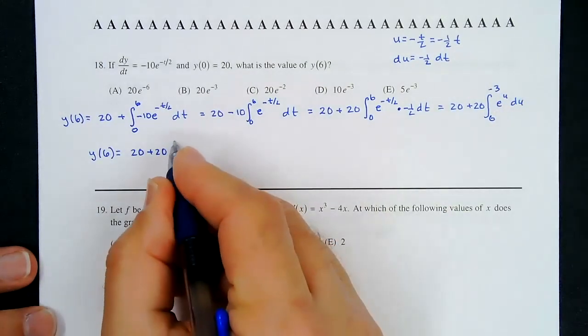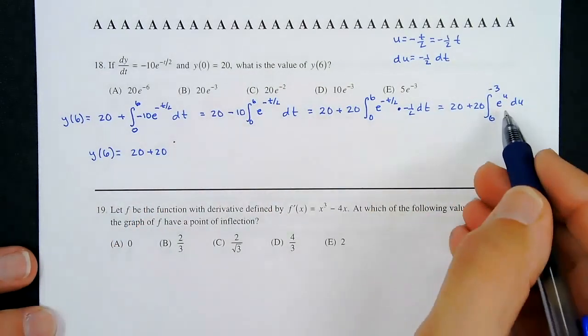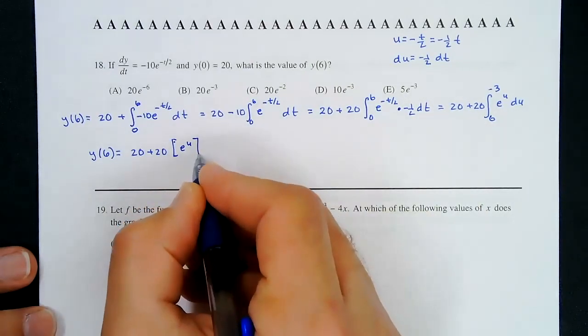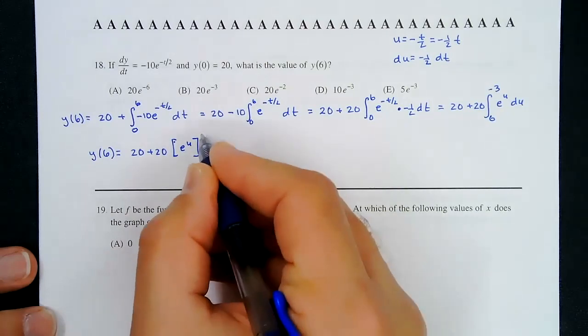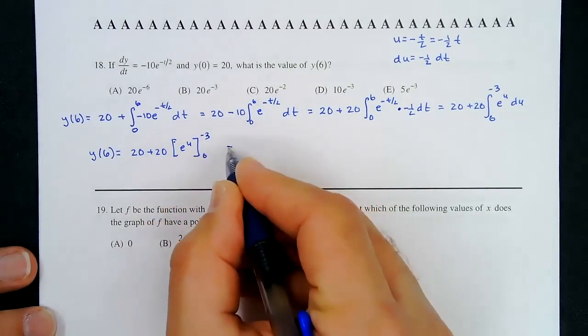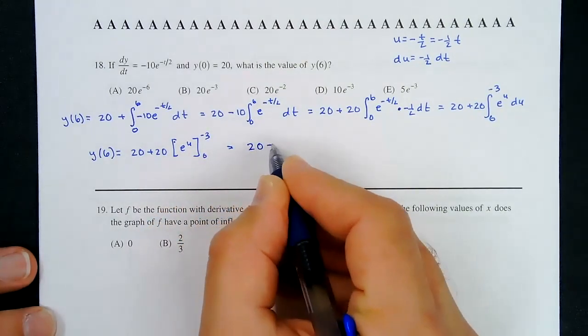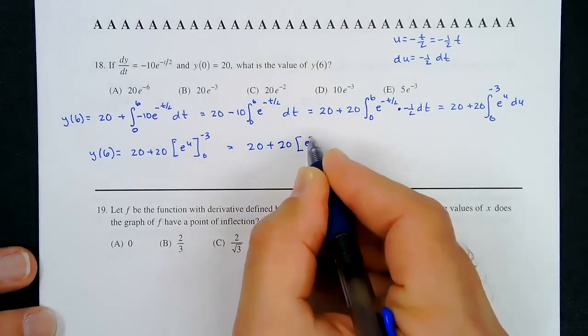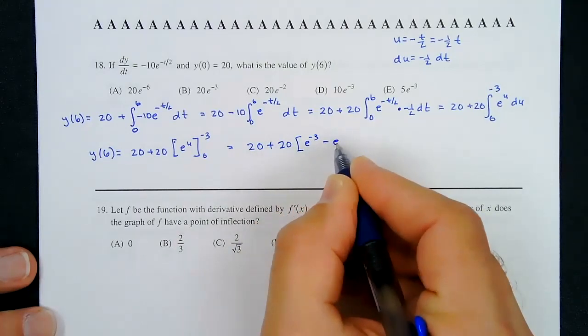So the antiderivative of this would be e to the u. And we're going to evaluate that from 0 to negative 3. So this would be 20 plus 20 times e to the negative 3 minus e to the 0.